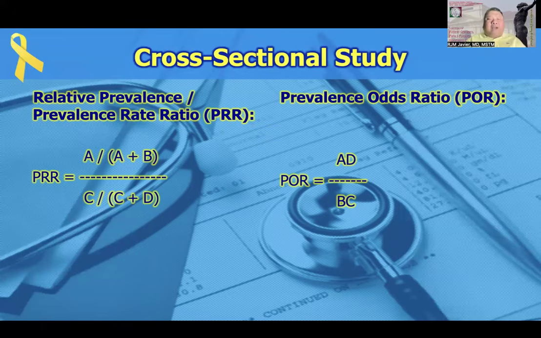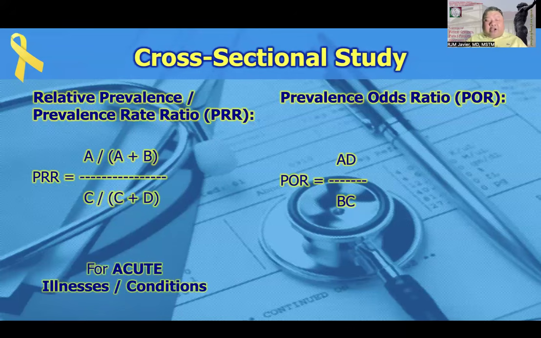If the outcome variable, let me correct myself, if the outcome variable of your cross-sectional study is an acute illness, then this is when you use your PRR.